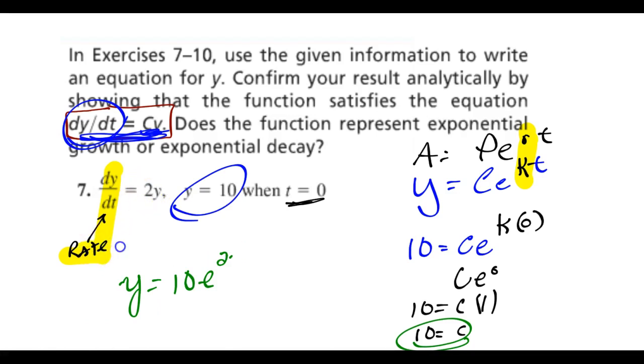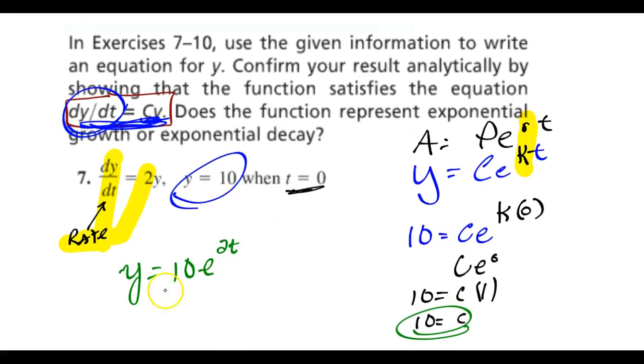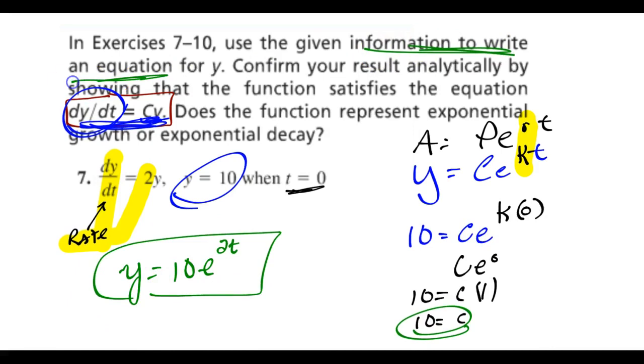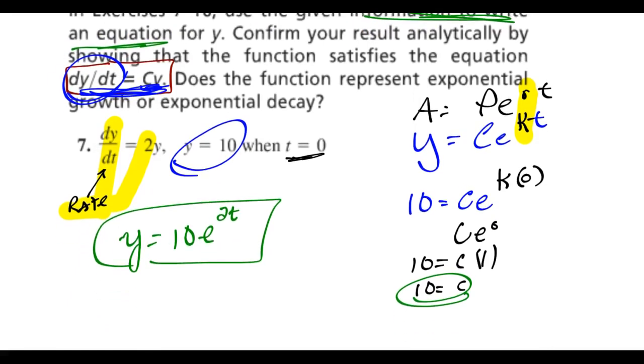And really, the rate is just doubling the y function. So the rate is 2 times y. They first asked to write an equation. So if this is the equation, then they say verify that by showing the derivative.